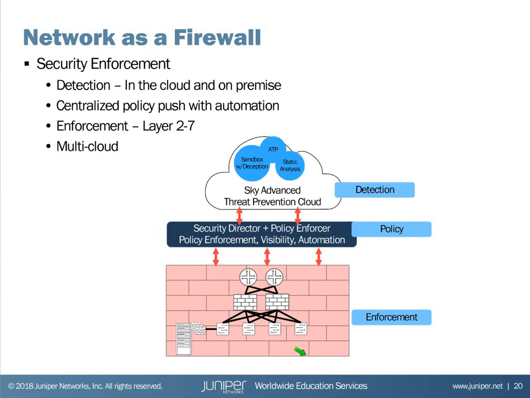So when Fred or Sally plug into that switch port in their cube over there, I can analyze the behavior of their connected device, and based on that analysis, if I determine there is a threat that Fred is propagating throughout my network, I can literally, using the software-defined secure network concept, deploy an access control list down to that switch to drop that switch port into a remediation VLAN or disable the port, right?